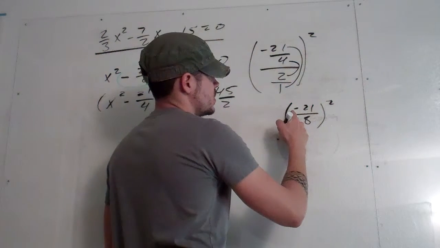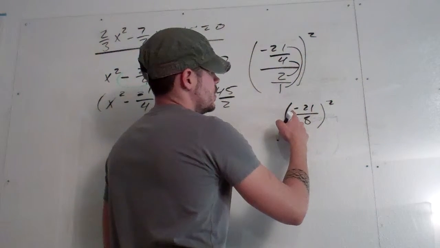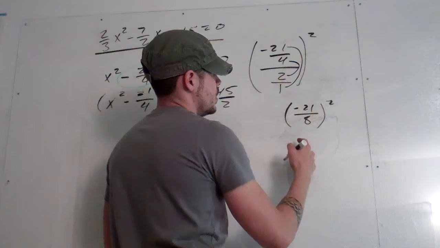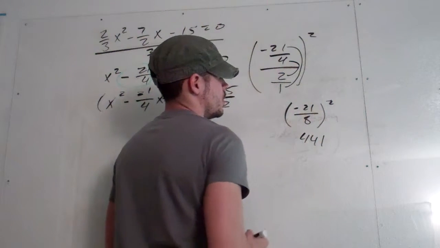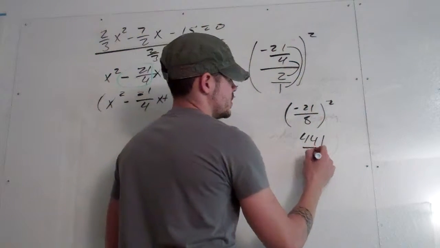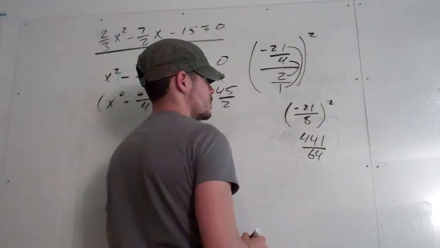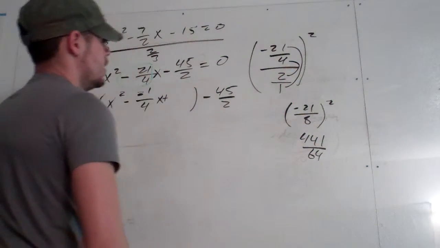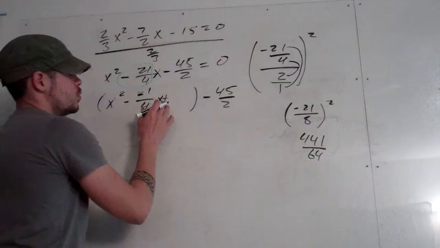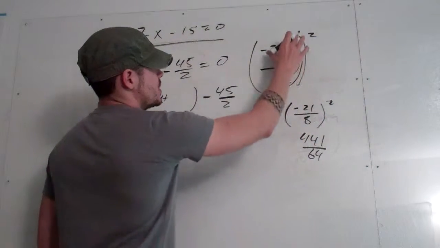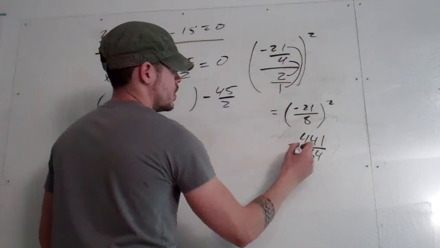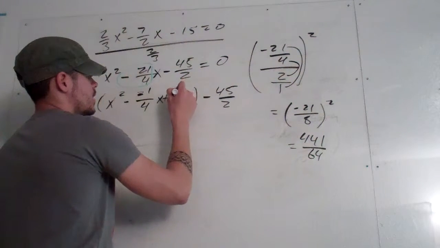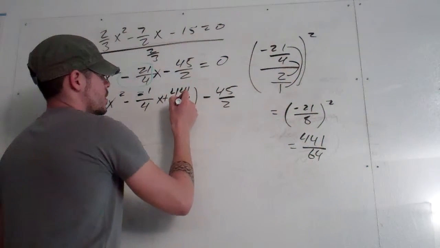And then if I square both sides, let's see, negative 21 squared is 441 over 8 squared, which is 64. And so that's what I have here. So I'm going to add whatever I got after I squared this entire thing, or my final answer here, right here inside the parentheses.